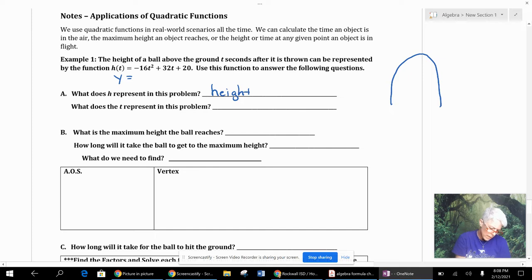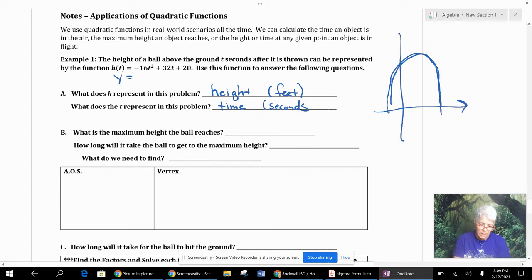Though I don't think it's stated in this situation, we're going to say it's in feet. And then the t is going to be our time, and we're going to say it's in seconds. So if you can imagine, as time is moving on the x-axis, this ball goes up and then it comes back down again.